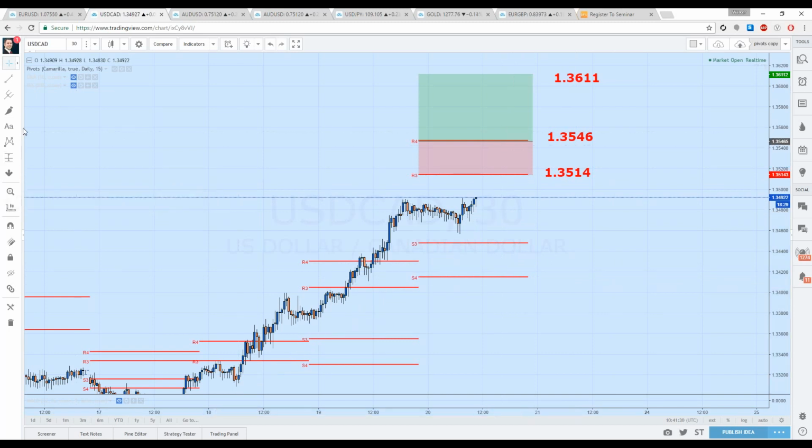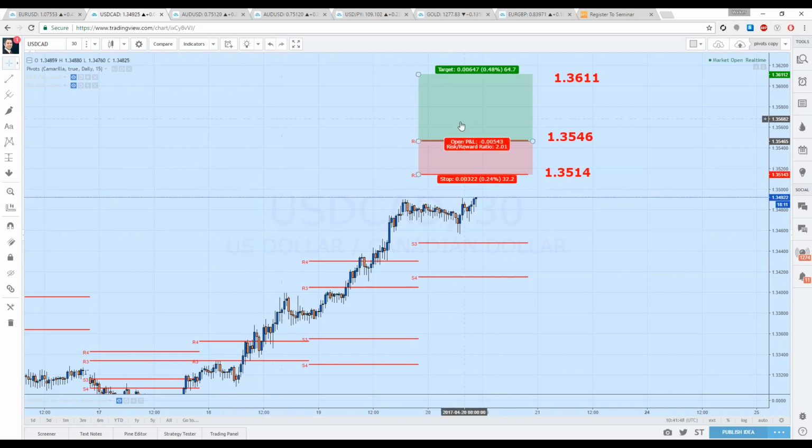The other opportunity to trade would be a retracement to S3. Prices attempted to reach this value early in the day.